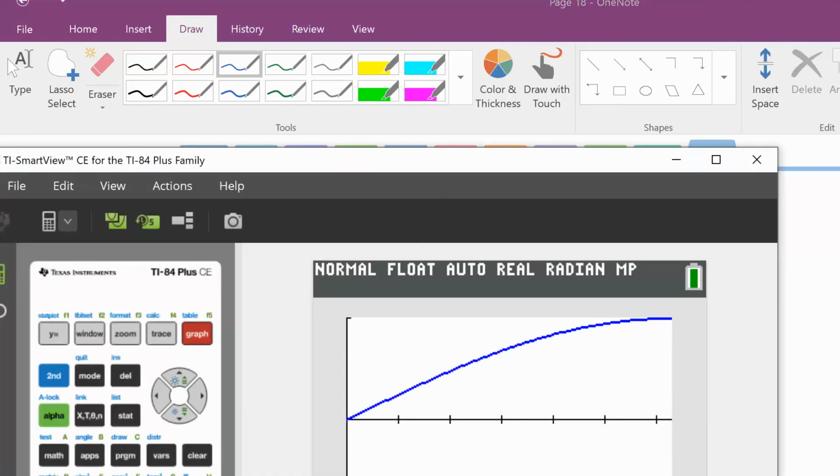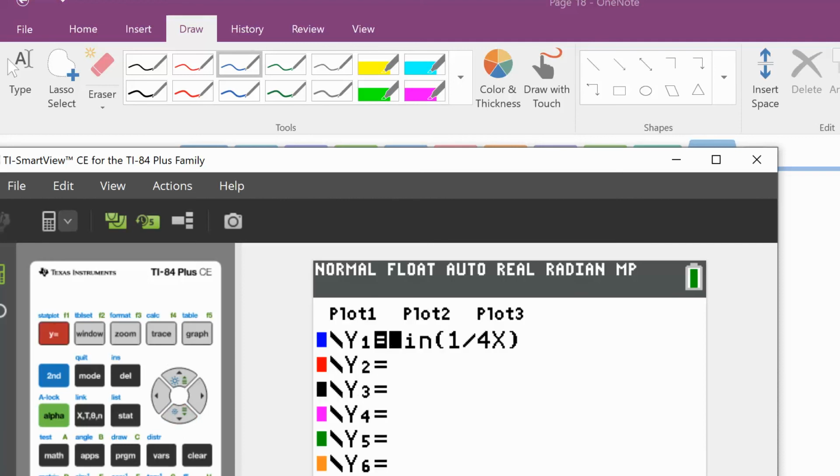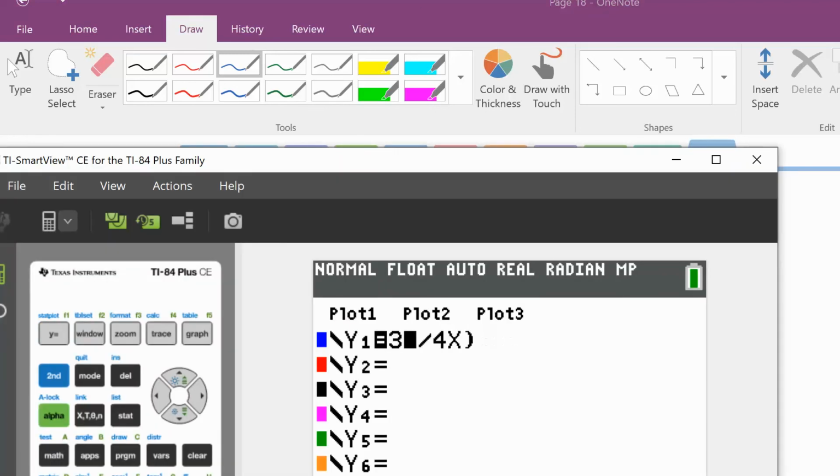So the window here still says 0 to 2 pi, but now it's going to be -3 to +3. And it's y equals 3 sine x.